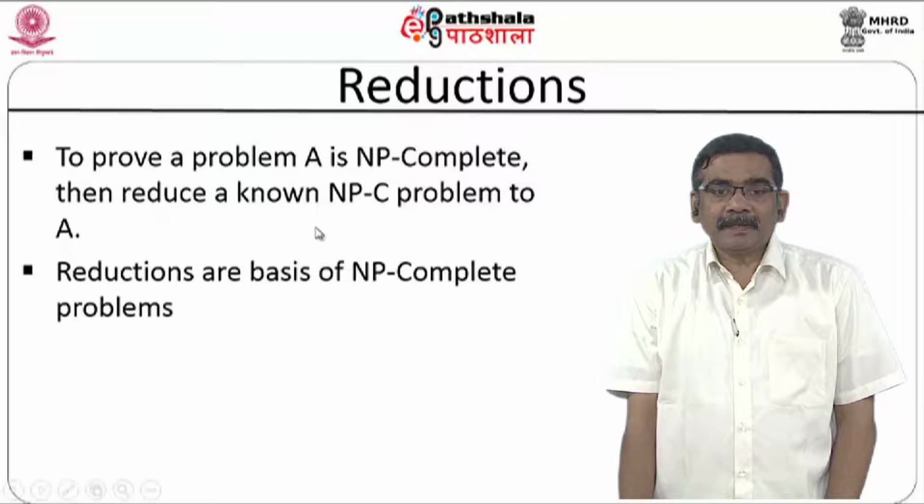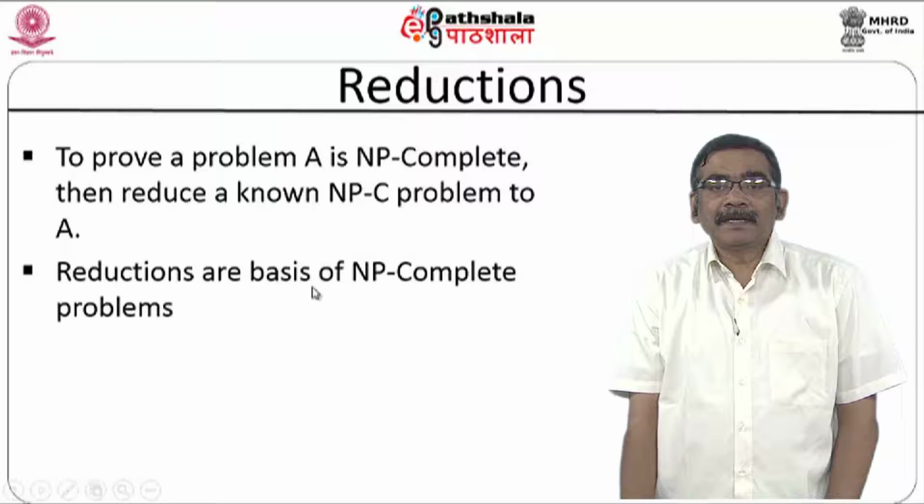Reduction is very simple. If I want to say that a problem A is NP complete, then I have to take some other well known NP complete problem, and then I have to reduce that to the given problem A. If I am able to do that, then I can say that problem A is NP complete.